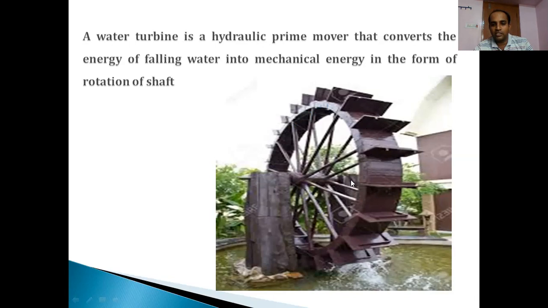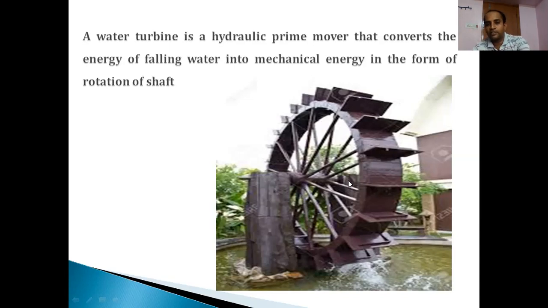Here you can see there is a shaft on which these blades are mounted. When this shaft rotates, it develops energy, and that energy is useful for various applications. So a water turbine is a hydraulic prime mover which converts kinetic energy into mechanical energy by the rotation of a shaft itself.